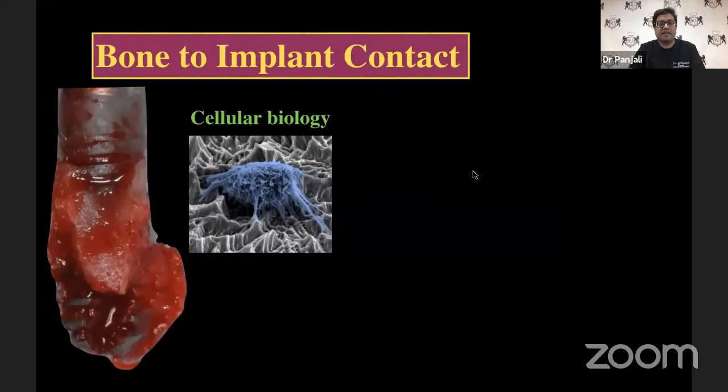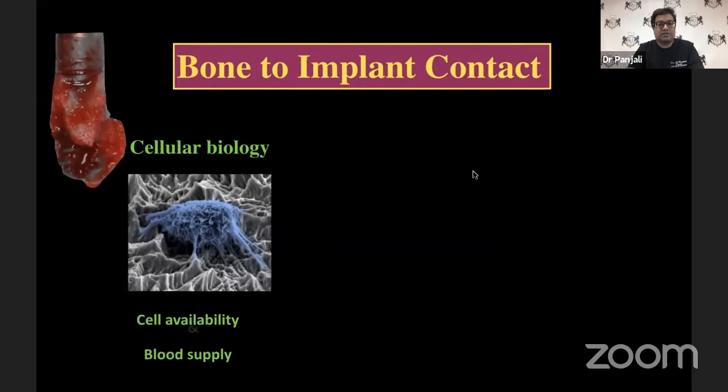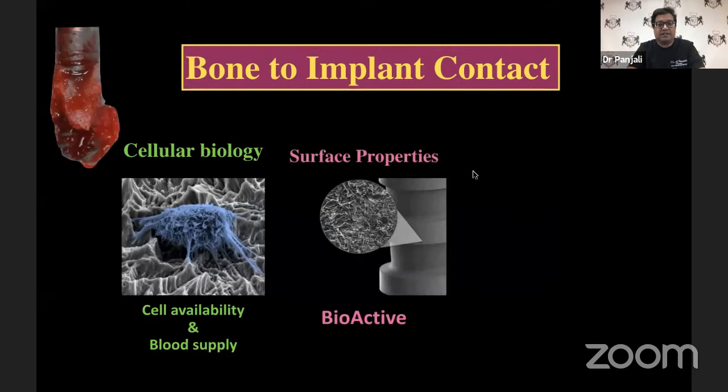Okay. Now coming back to bone to implant contact, that is what we were talking about, the bioactive surface. What does it do? Well, cellular biology, surface properties, and loading protocols. So cellular biology is basically increased by increasing the amount of cell availability and blood supply, which should be present at the time when we do this.